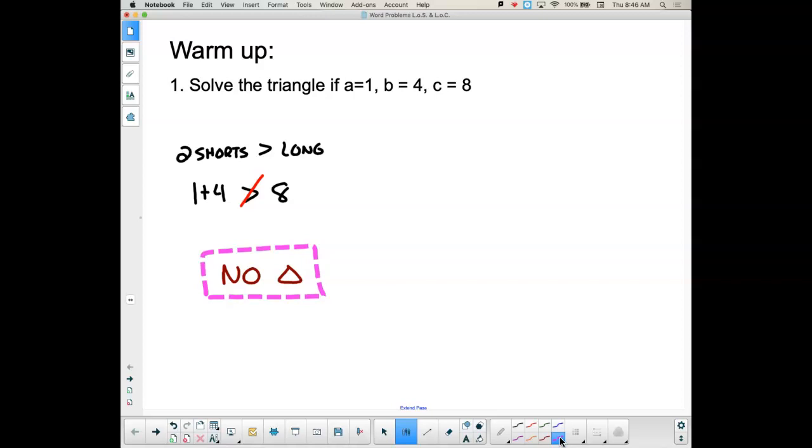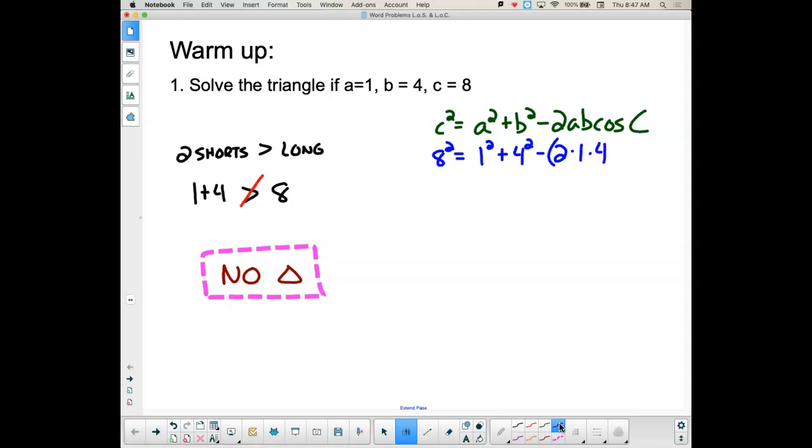So we would have used c squared equals a squared plus b squared minus 2ab cosine of C. So 8 squared equals 1 squared plus 4 squared minus 2 times 1 times 4 times the cosine of C.